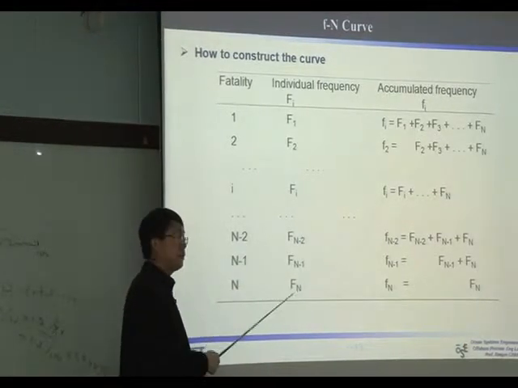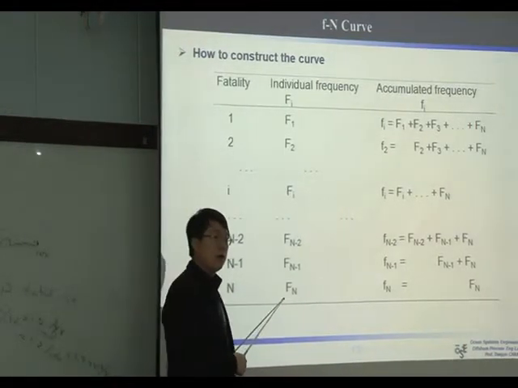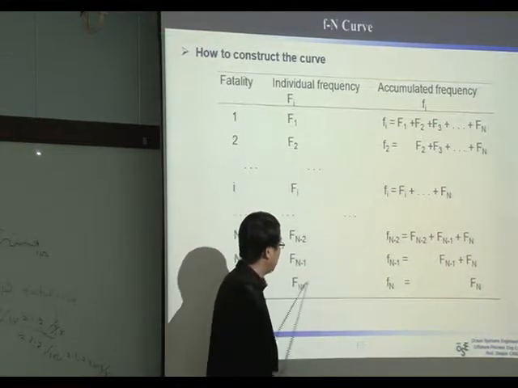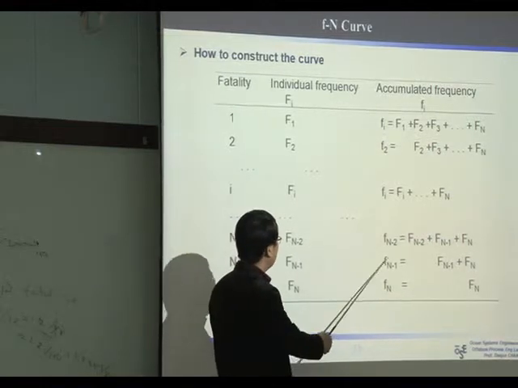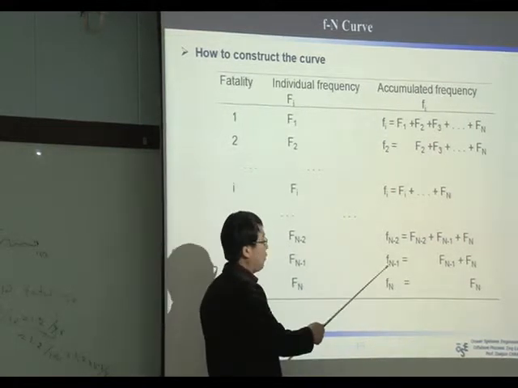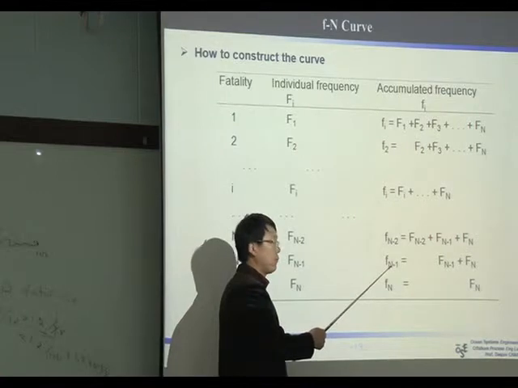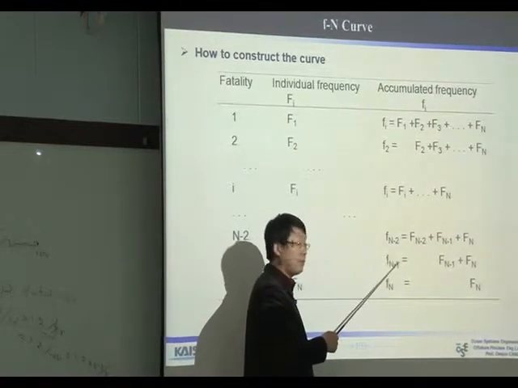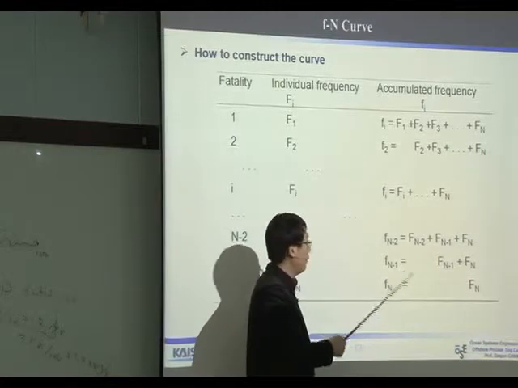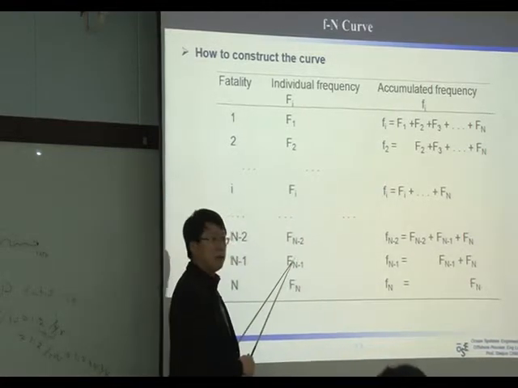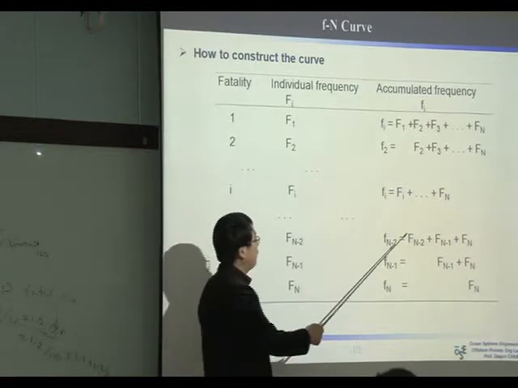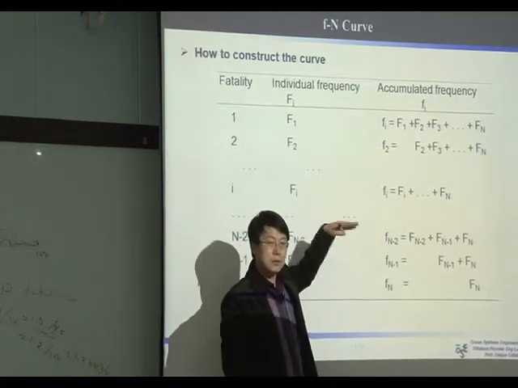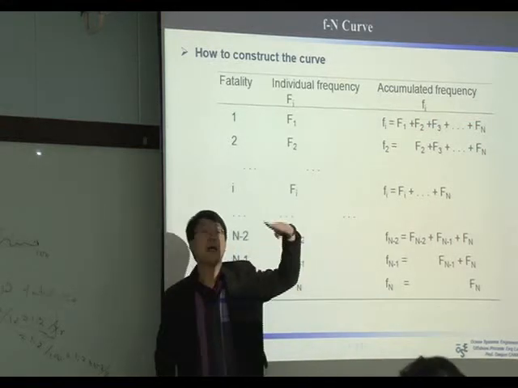The largest extent has a small frequency of occurrence. Then large Fn is just fn. Then capital F(n-1) is equal to f(n-1) plus fn. So we add the frequency from the biggest extent.